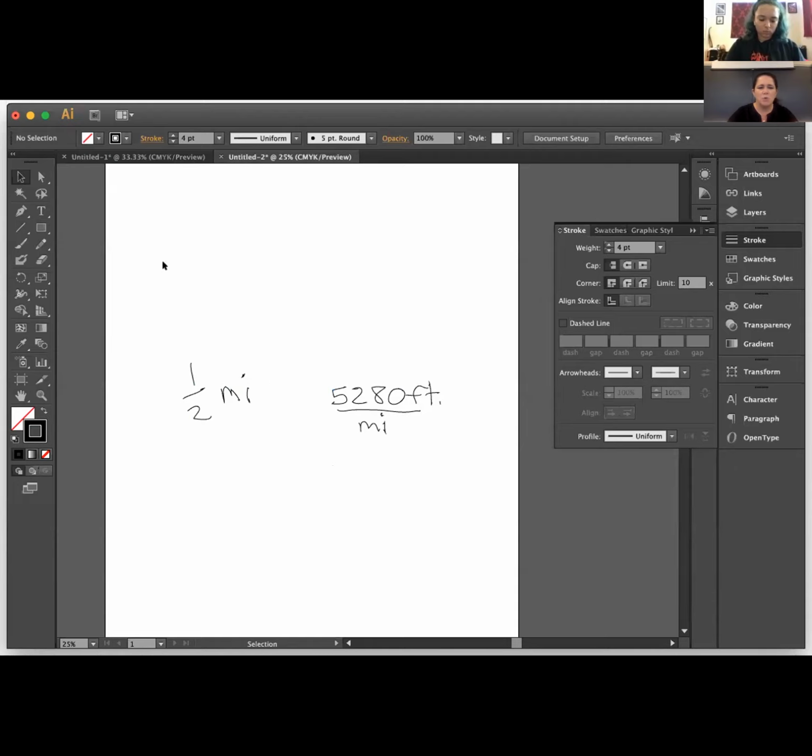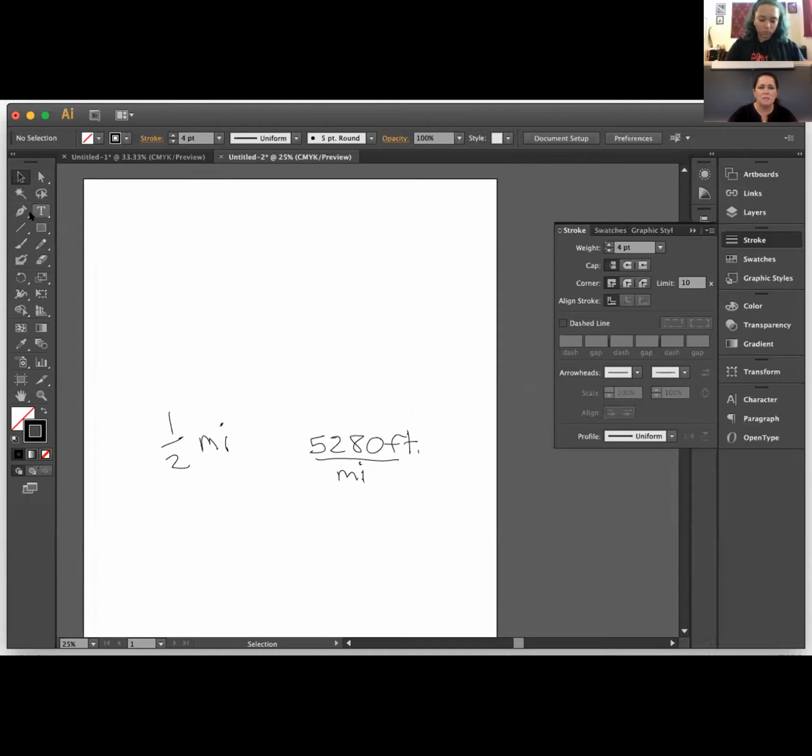We need to multiply the miles. Forgetting which one I'm working on. Oh, pencil. Come on now. I had you a second ago. I don't understand what it's doing. Okay, why is it doing that? I'm going to describe it now because for some reason I'm just getting beeps when I click on my Adobe screen.